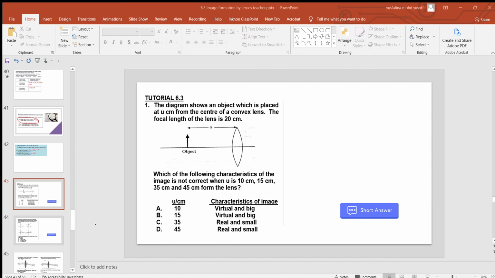But if your image is virtual, you have to put negative v, so negative 5. We will see the calculation in the next class. And f, for the convex lens is positive, but for the concave lens your f should be negative. So that is the lens formula.